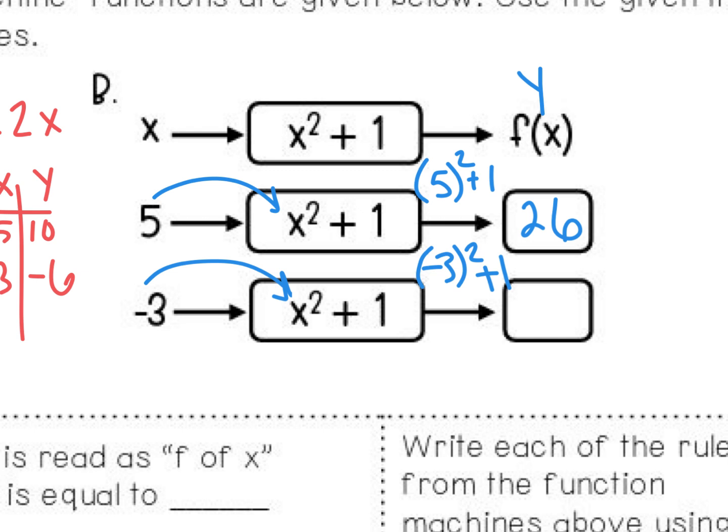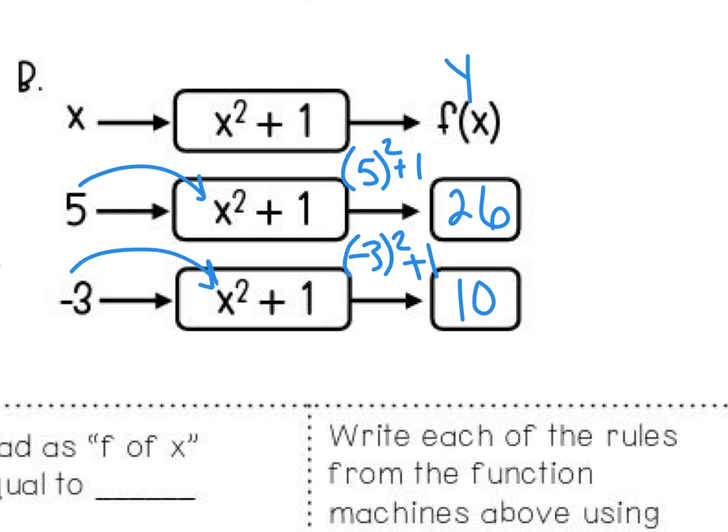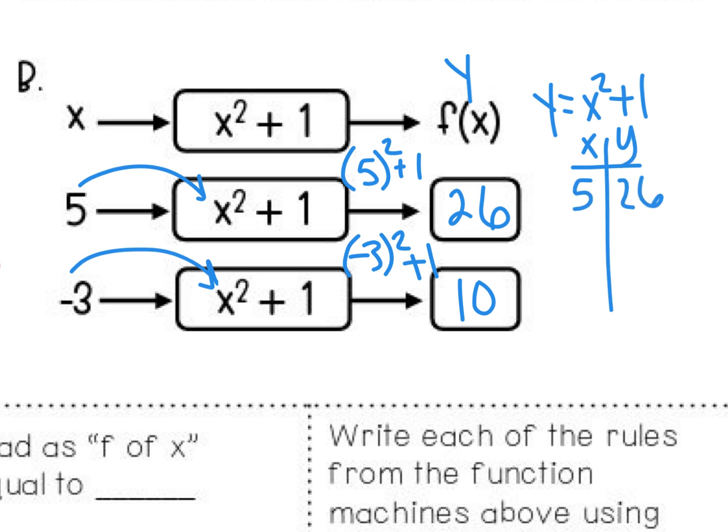Tell me about -3 squared. 9. Positive 9 plus 1 is 10. So, if I was to graph Y equals X squared plus 1, then on my line, I will have 5, 26 and -3, 10.